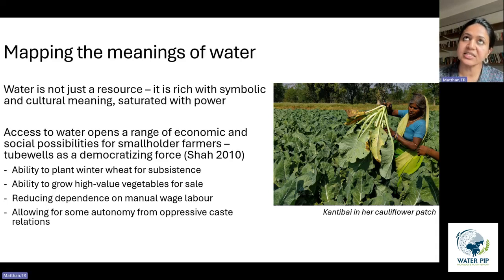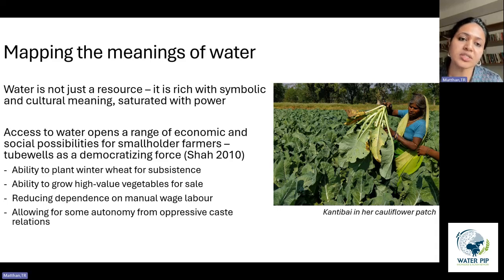And this is especially the case in South Asia, where there is a particular relationship between water and caste. Historically and even in the present, many oppressed caste communities are prevented from accessing public water tanks and so on. So there is a kind of symbolic and cultural meaning attached to water as well.